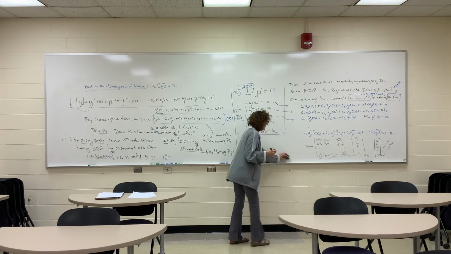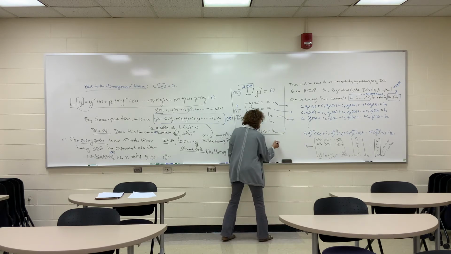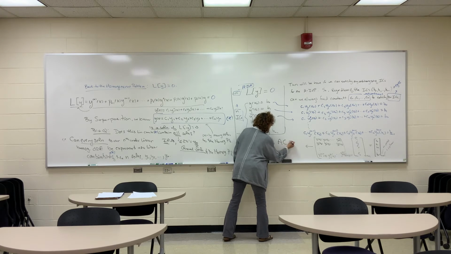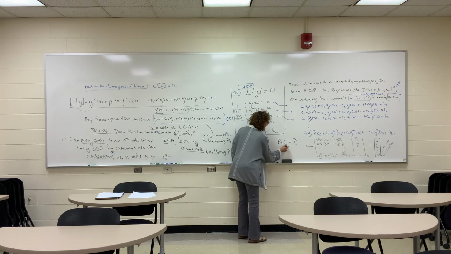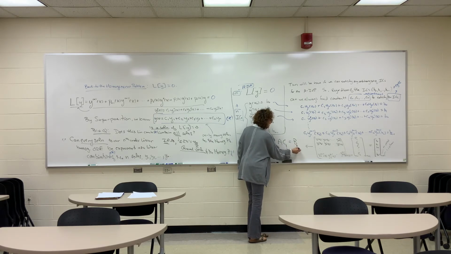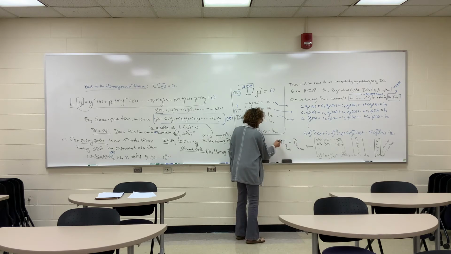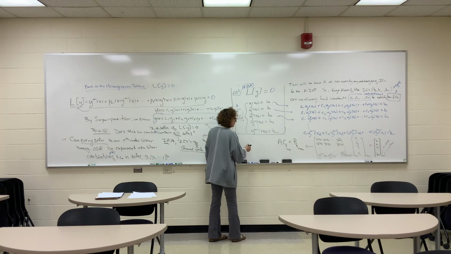And this basically has the form of a matrix equation A C equals B. C is my unknowns, and B is my known right-hand side. A is an n by n matrix, and C and B are n by 1 column vectors.